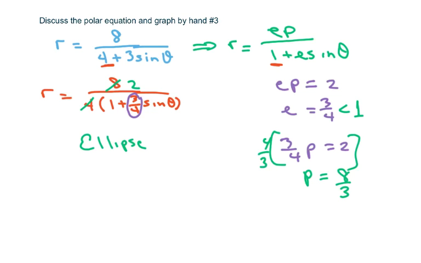Okay, the directrix is above the pole. It's parallel because it's sine. So directrix is above the polar axis.